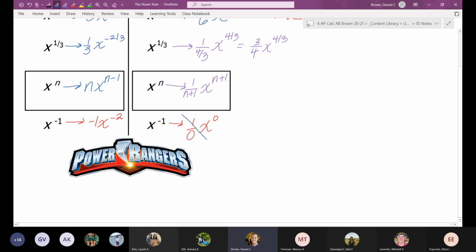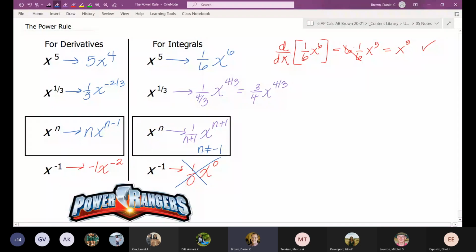And in math, we can't divide by 0. That doesn't mean anything. So I'm going to put a disclaimer here that n cannot be equal to -1 when you are integrating using the power rule. Basically, you can't have a -1 exponent. It actually involves an entirely different rule that we won't get to until the next unit.